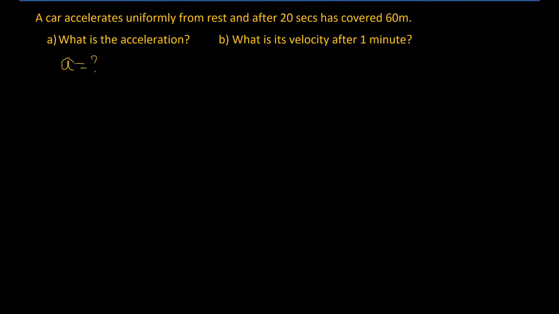We've been given the fact that there's a time of 20 seconds. And we've been told a displacement, a distance of 60 meters. And we've actually been given one other letter in there, but it's less obvious. And that's because it says that it started from rest, which means that the initial speed, the initial velocity was 0 because it wasn't moving at the start.